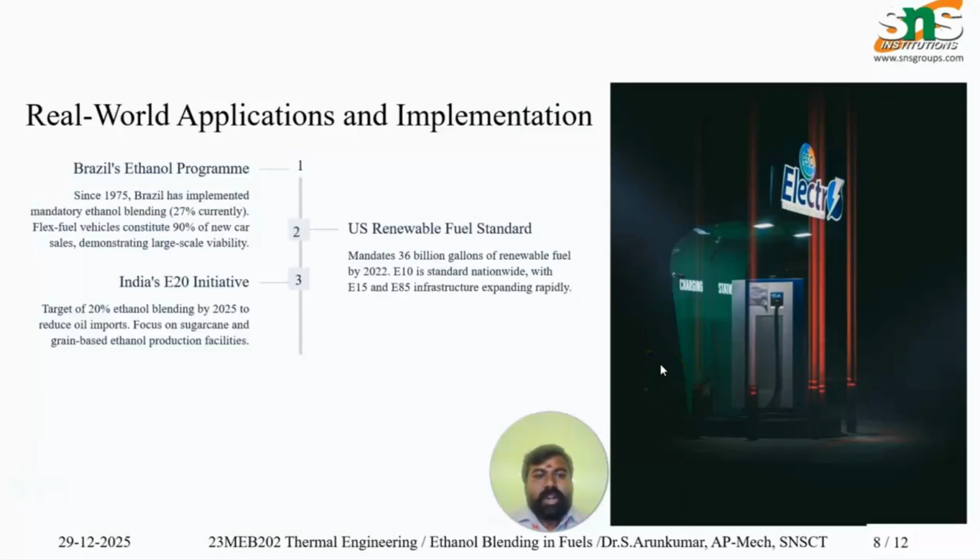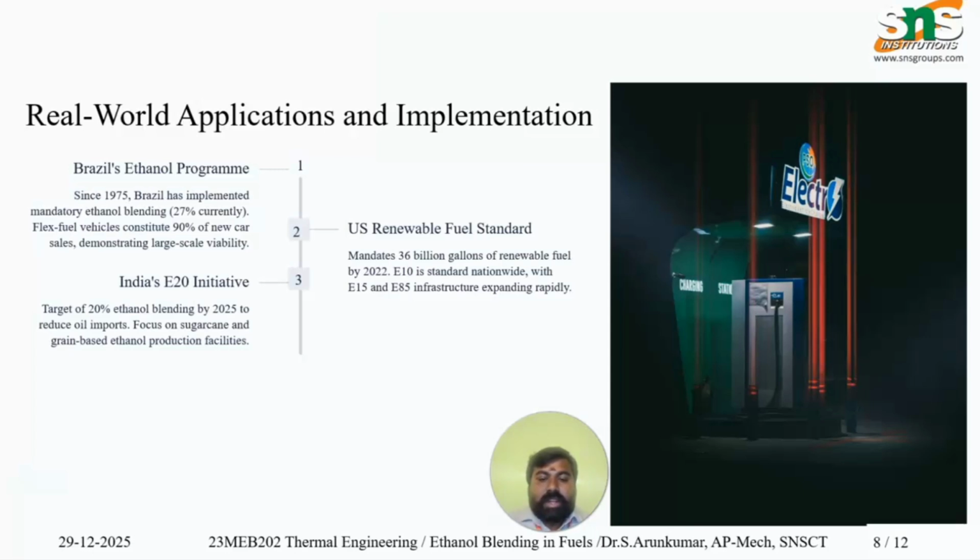Some real-world applications and implementations: in Brazil's ethanol program, since 1975, Brazil has implemented mandatory ethanol blending of 27%. Currently, flex fuel vehicles constitute 90% of new car sales, demonstrating large-scale viability. Next, the US Renewable Fuel Standard mandates 36 billion gallons of renewable fuel by 2022.